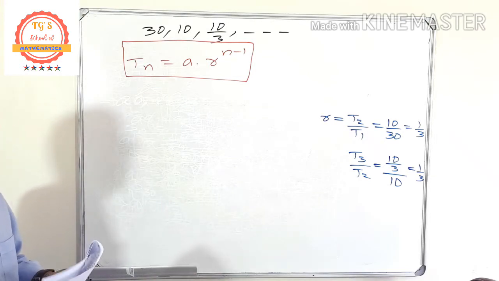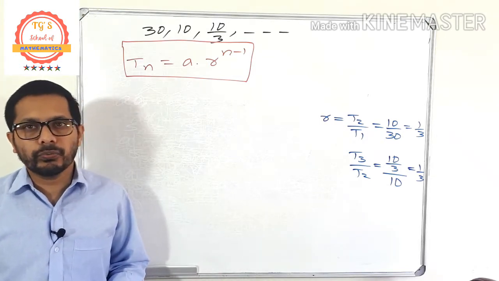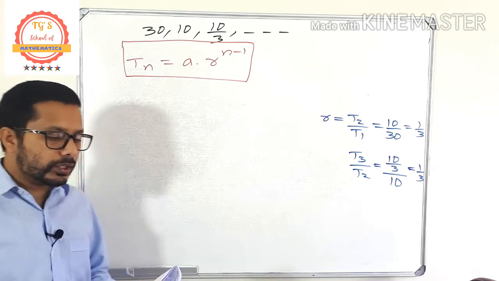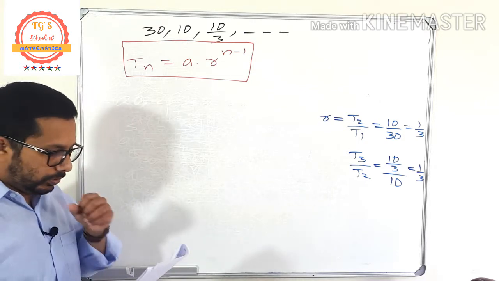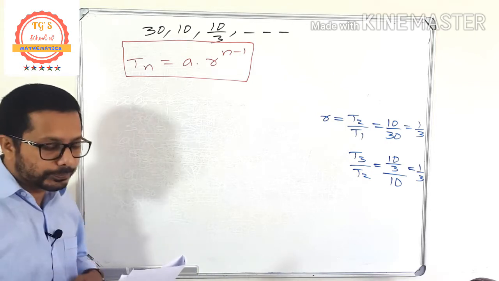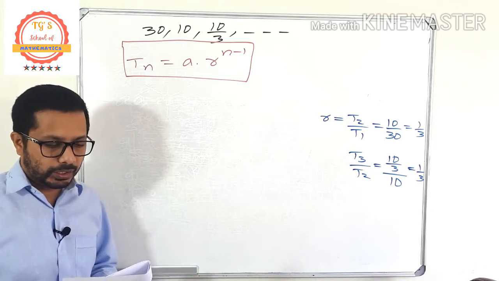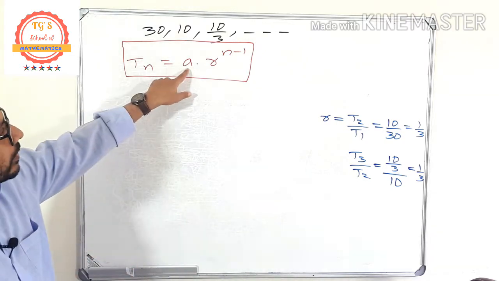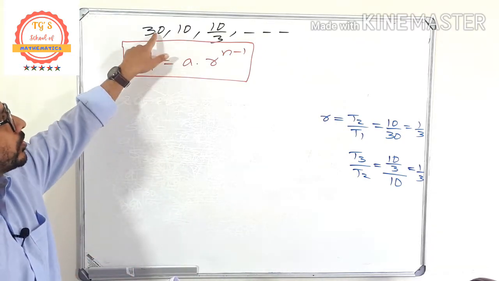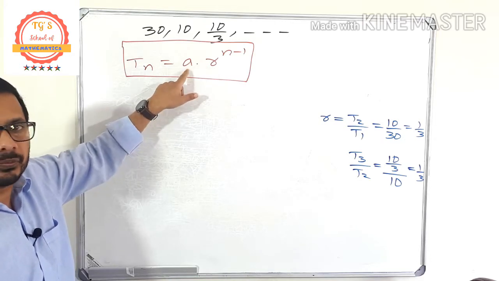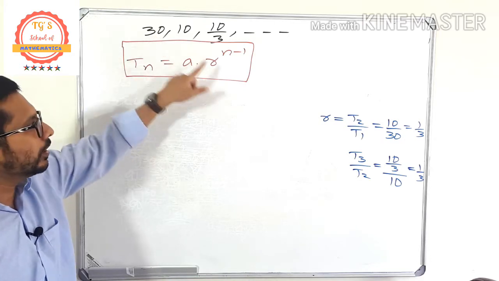So here we have to find the value of n. And what is given in the question? The nth term of the sequence is equal to 10 over 729. Now, what is the value of a here? A stands for the first term. The first term in this sequence is 30. What is r?